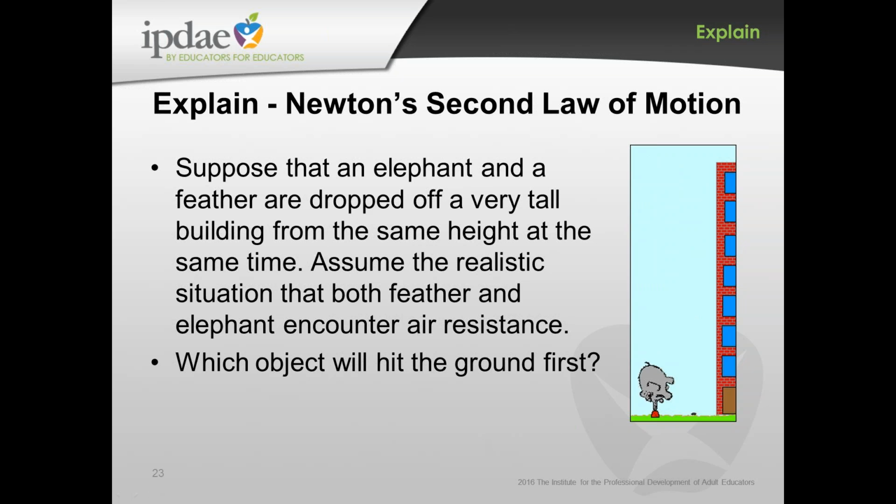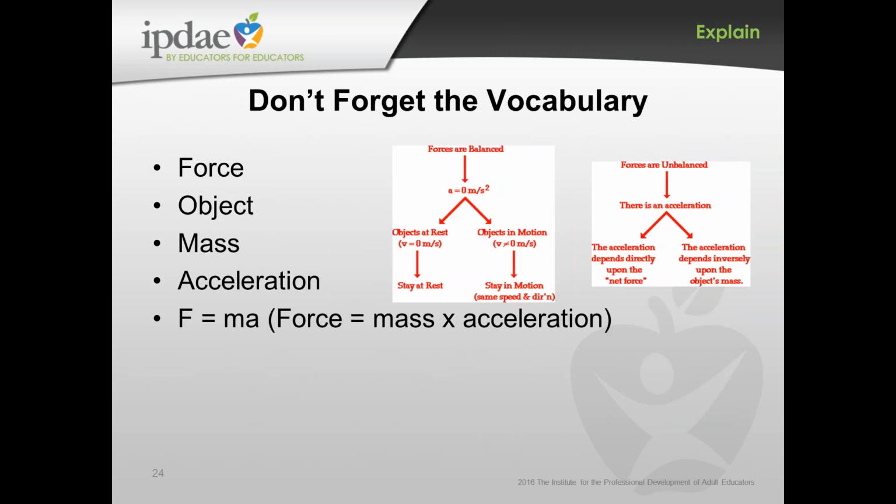was called vocabulary. We have to make sure that our students have the vocabulary of science, so that if someone talks about force, they're not thinking of force in other terms, but what is this? Force and object, mass, acceleration, all of these different things.